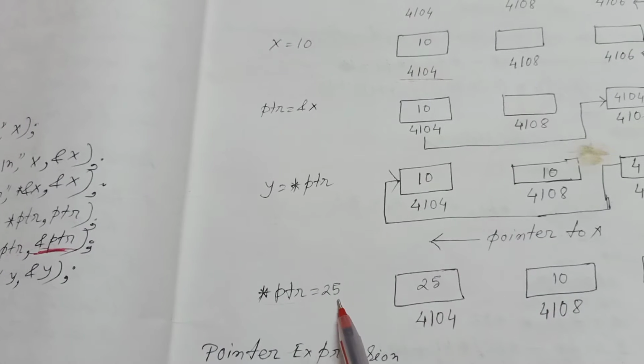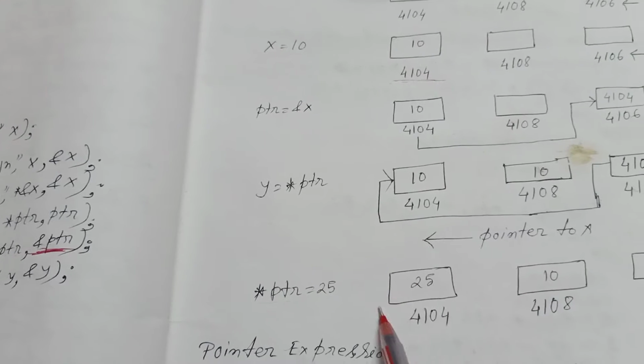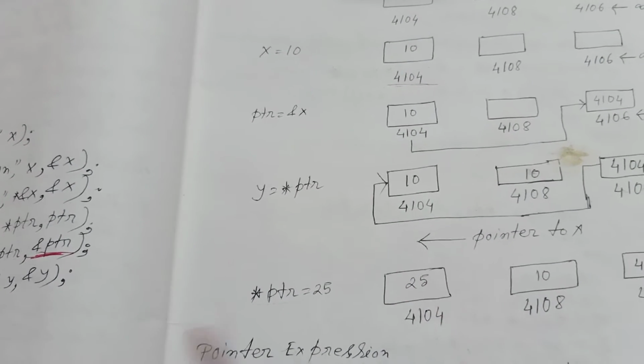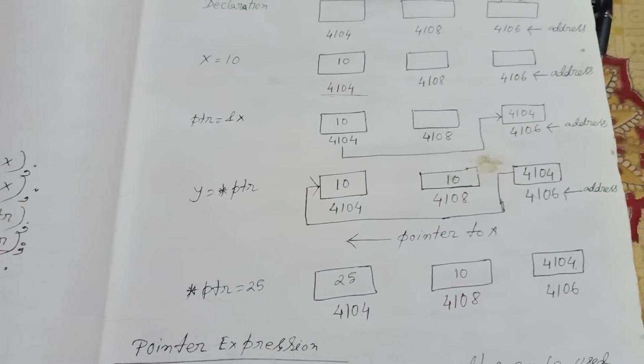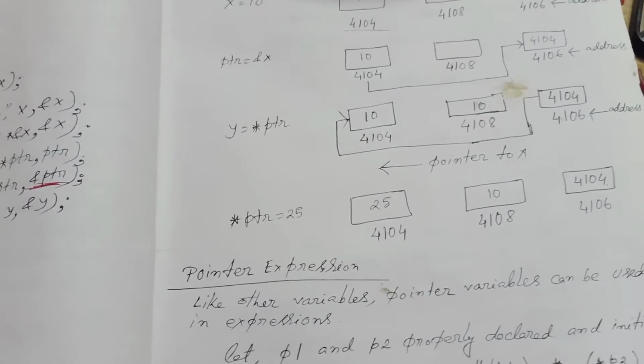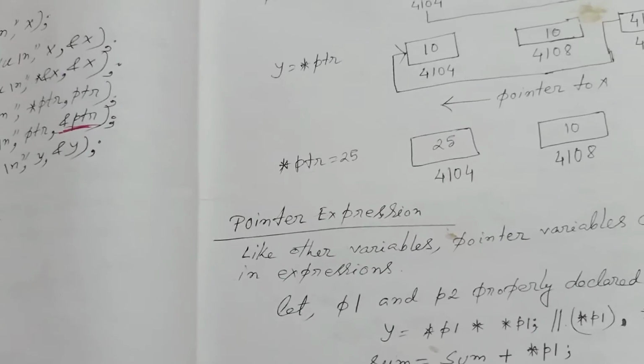So if we write pointer ptr equal to 25, we are getting the new value of x. Okay, so in this way we are able to store or access variables by using pointer variables.